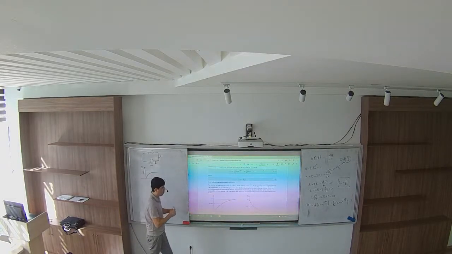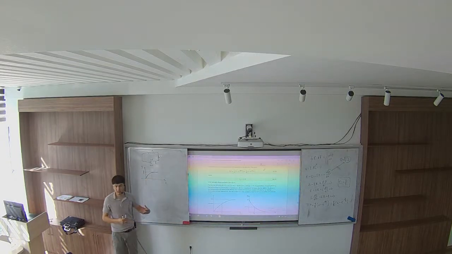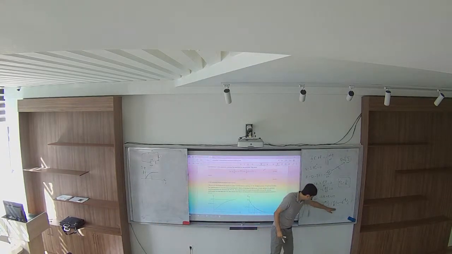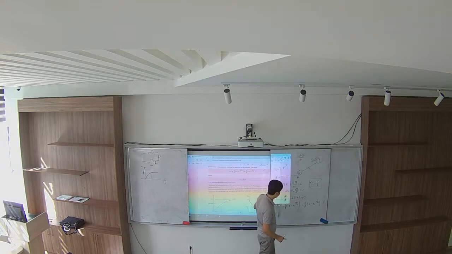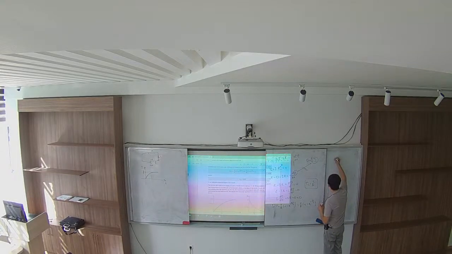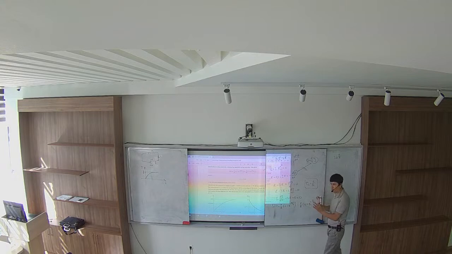Okay. So the question here: when does the current reach the maximum value? Look at this equation. The maximum current is equal to E divided by R. So if the current's maximum value is E divided by R, it means that this expression is equal to 1, so it means 1 minus 0, right?